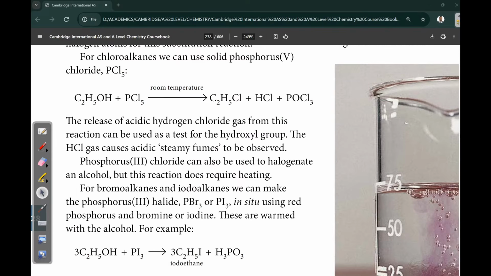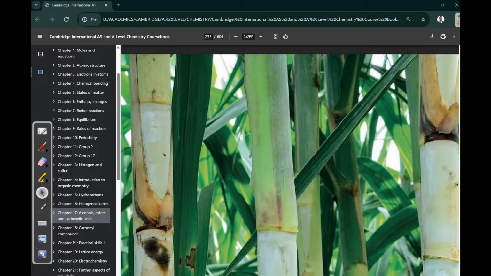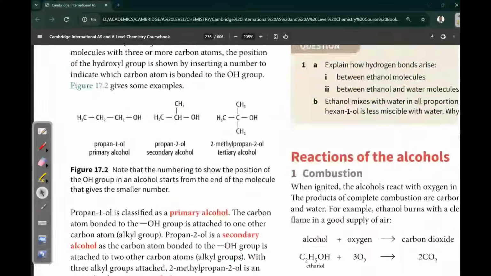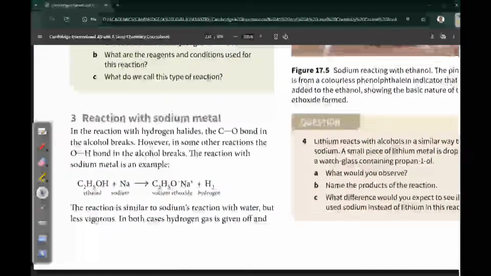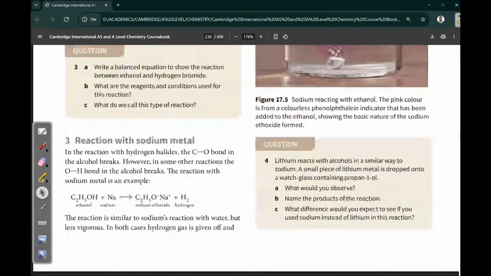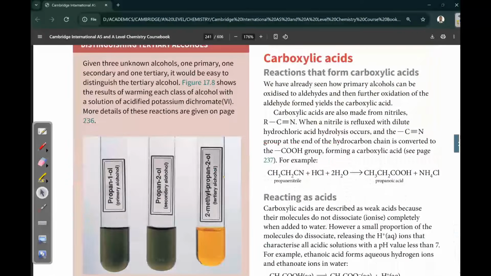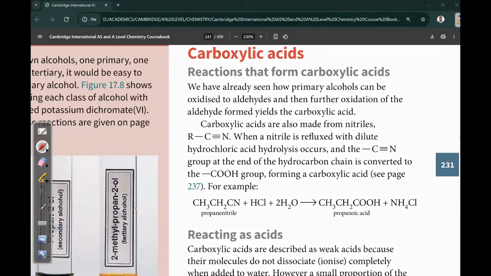If we check in carboxylic acids, we see it in chapter 17. How do we form carboxylic acid? It is here: reactions that form carboxylic acids. Carboxylic acids are also made from nitriles.